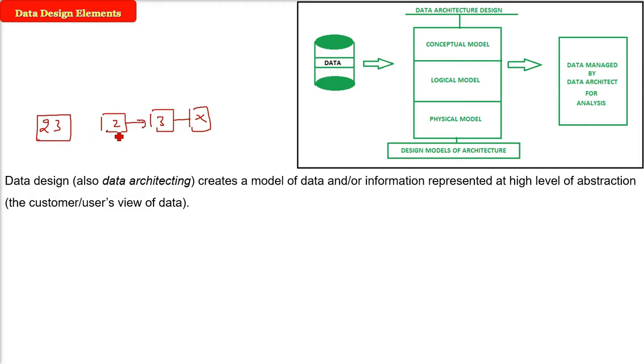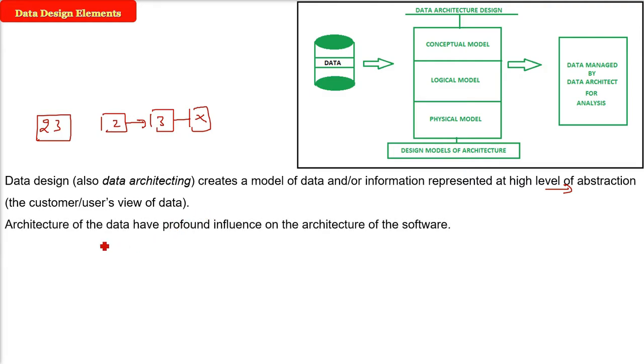So data design is all about creating a model of data and information represented at a high level of abstraction. What I'm trying to suggest here is that data design is all about how the user or a customer views the data, not the programmer. This is the data design. So you make an architecture of data also.